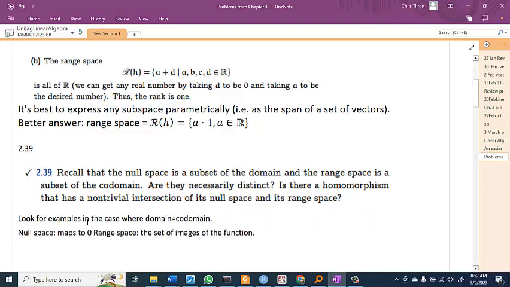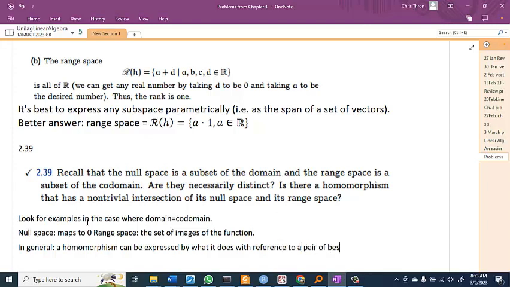Okay. All right, now I think it's helpful to think about this in general. A homomorphism can be expressed by what it does with reference to a pair of bases. So you can just think about that.